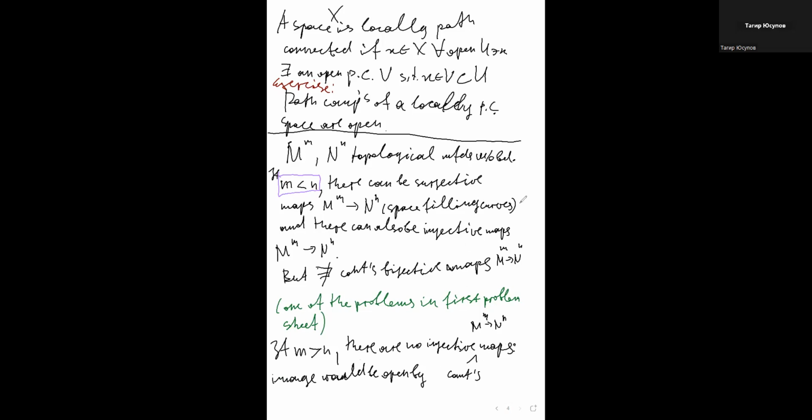If such a map existed, the image would be open by the invariance of the domain theorem.